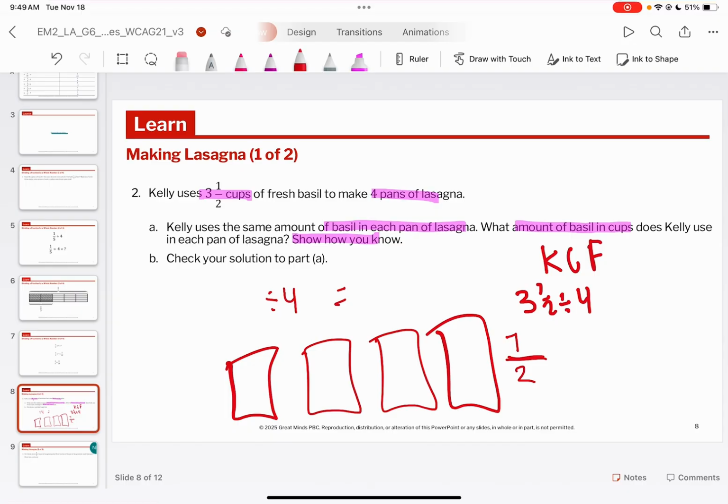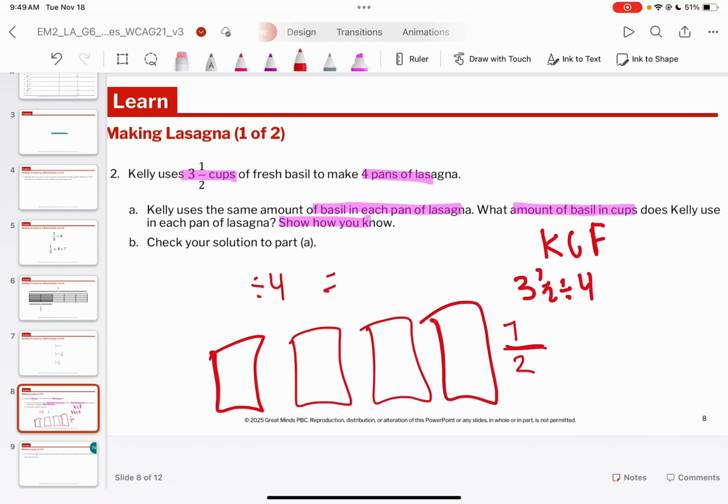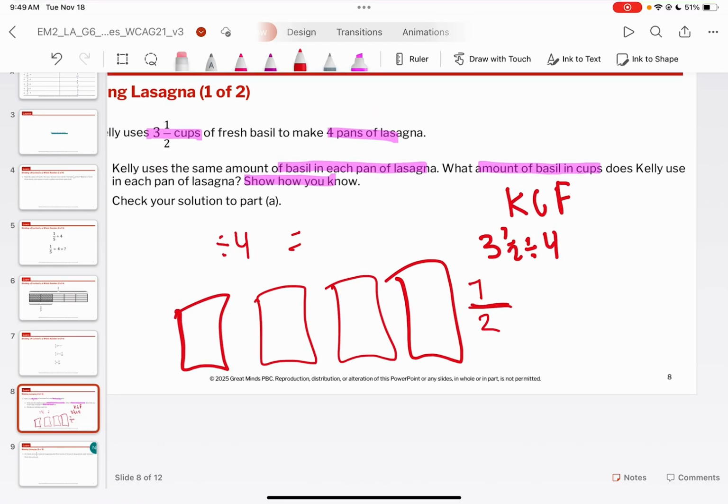All right. So now that we have 7/2 divided by 4, notice what's wrong with our 4. It's a what right now? It's a whole number, but we want to put it as a what? Fraction. So I'm putting 4 over 1. All right. Now am I ready to go? Why not? Good. Okay.